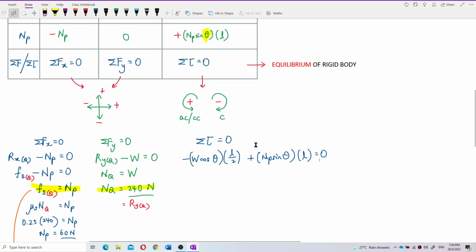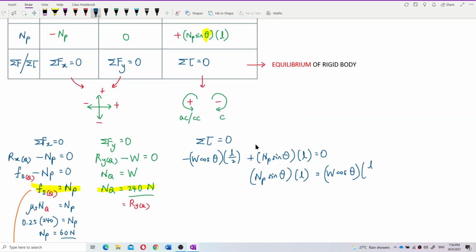Oh, this is actually the normal force on P. So write down: normal force on P sine theta times L equals the weight cosine theta times L over 2.